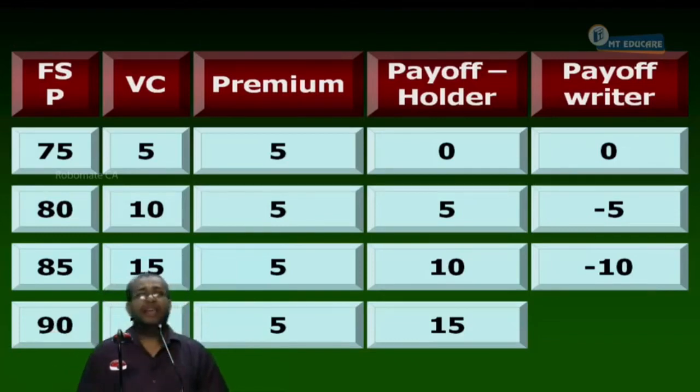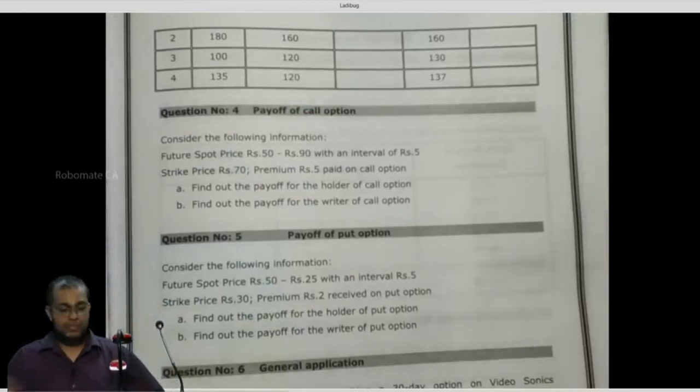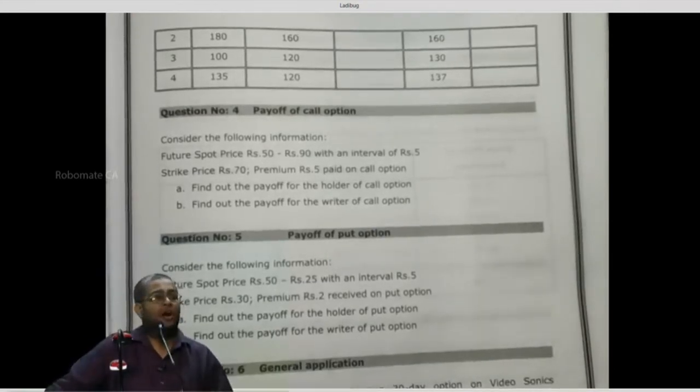Now give the heading: theoretical boundaries for call and put option values.